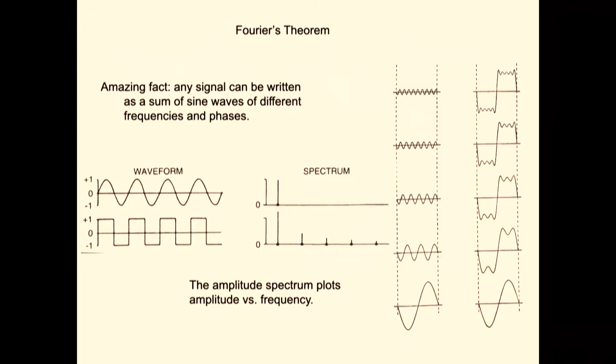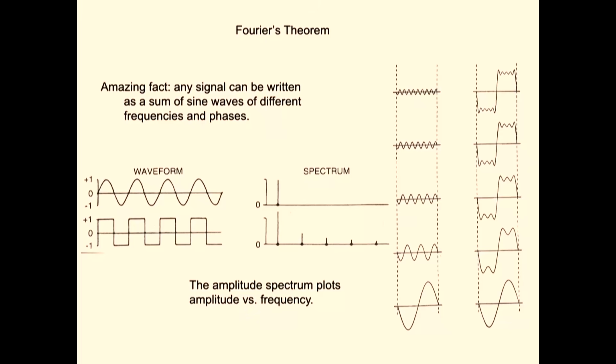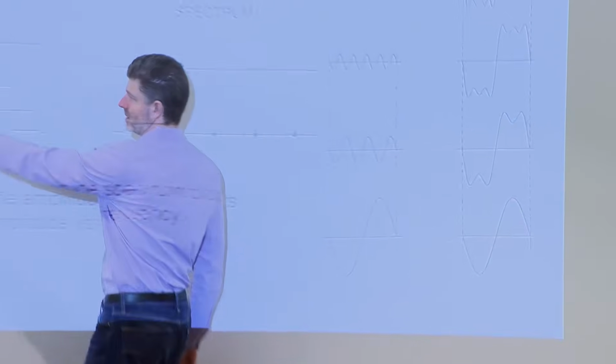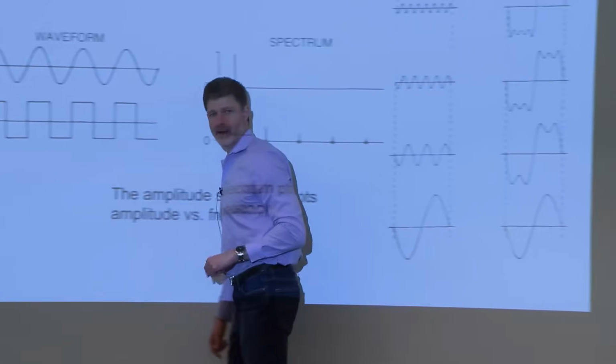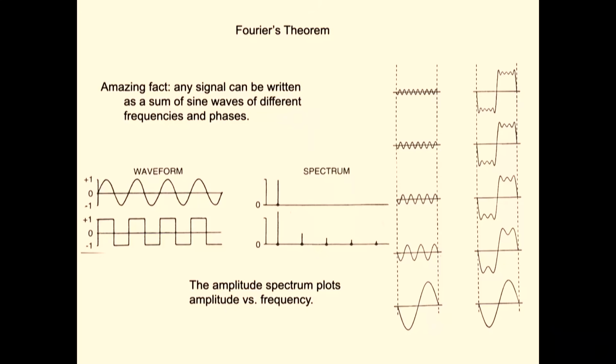Remember back when we were talking about sound and hearing, we talked about Fourier's theorem, which shows that any signal can be written as a sum of sine waves of different frequencies and phases. We were talking about this in the context of sound, where this dimension was time and this dimension was pressure. But Fourier's theorem is just a general fact about any kind of signal.